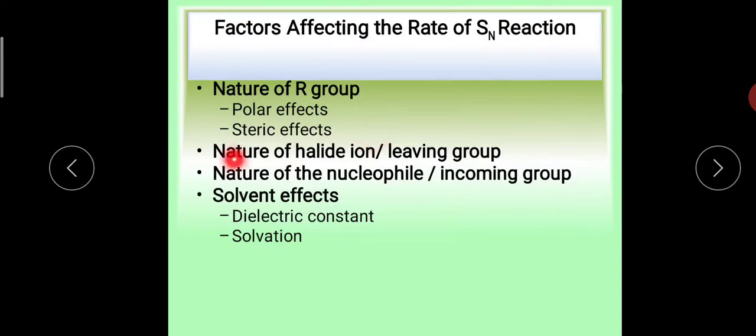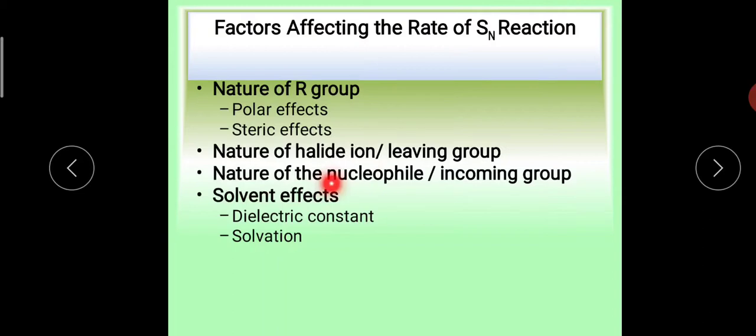Okay, the second point that we will be seeing is the nature of your halide ion. By this time you very well know that your halide ion is the leaving group in your substrate. So based on whether the halide ion is a better leaving group or a poor leaving group, it would directly influence the rate of your nucleophilic substitution reaction.